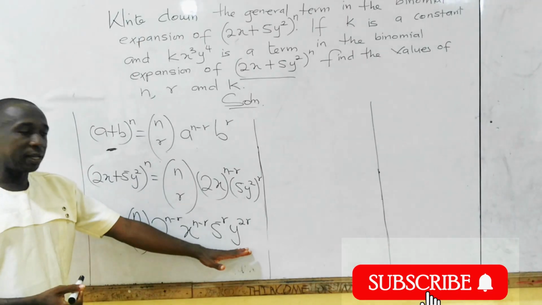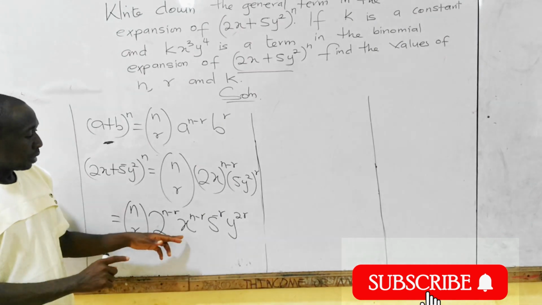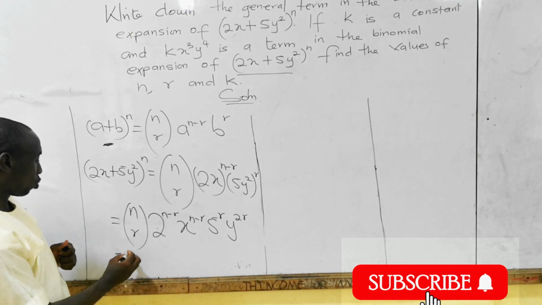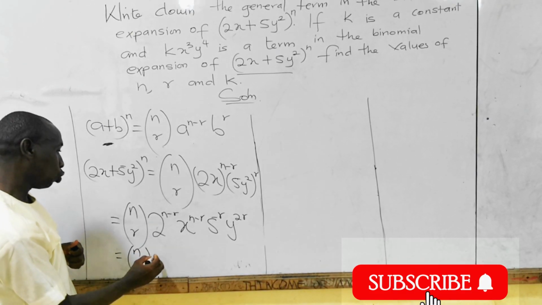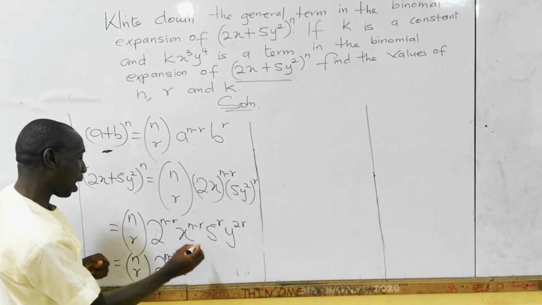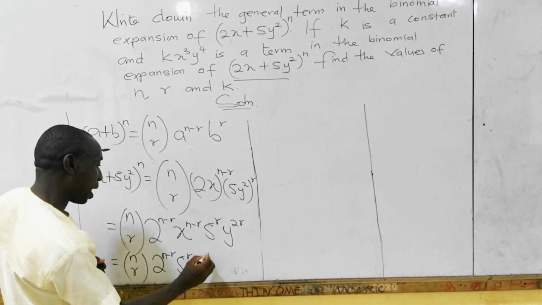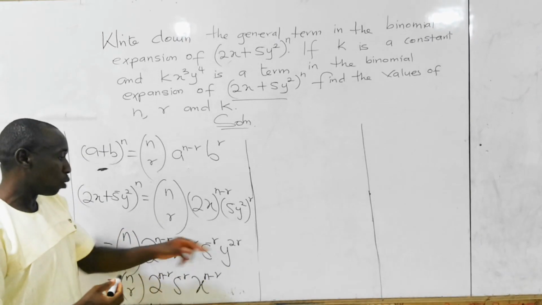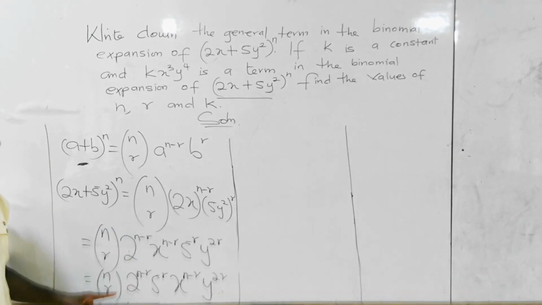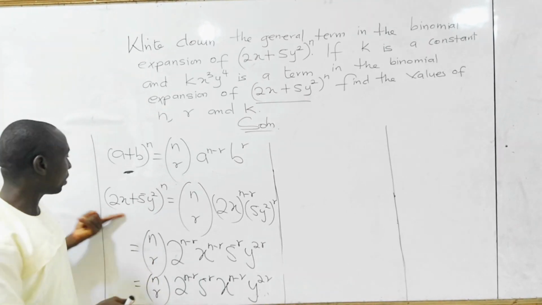Now let's group this expression into a constant term, the x component and the y component. This gives me nCr 2^(n−r) 5^r, then x^(n−r), and then y^(2r). So this is the general term of this expression.